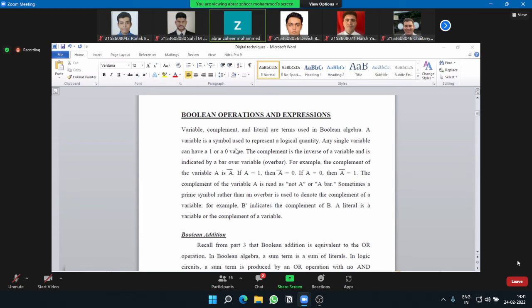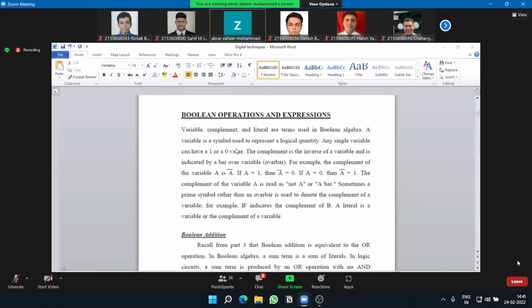It can also be read as not A. And what is the literal? It is a variable or the complement of the variable.